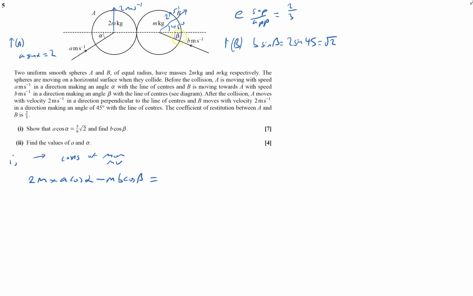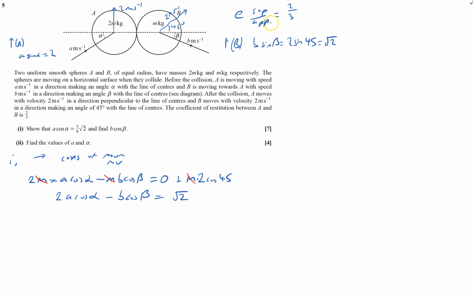Final momentum of this one in the left-right direction will be 0 plus the mass times 2 cos 45, m times 2 cos 45, and I can then obviously cancel through the m's, and this will say that 2A cos alpha minus B cos beta equals 2 times root 2 over 2, that is root 2. So I've done that bit.